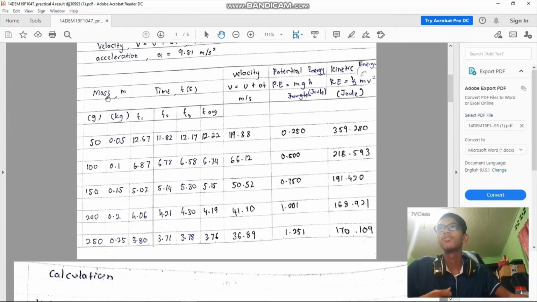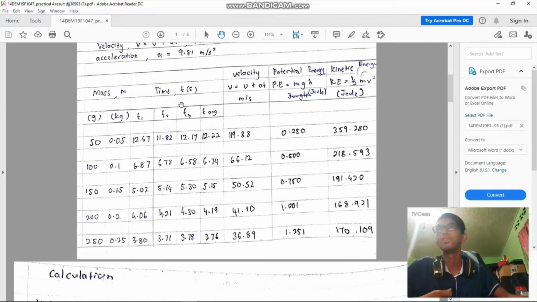First, the mass is 50 gram, 100 gram, 150 gram, 200 gram, 250 gram, and we change it to kilogram. We get 0.05 kilogram, 0.1 kilogram, 0.15 kilogram, 0.2 kilogram, 0.25 kilogram.